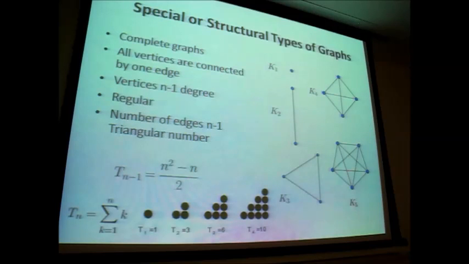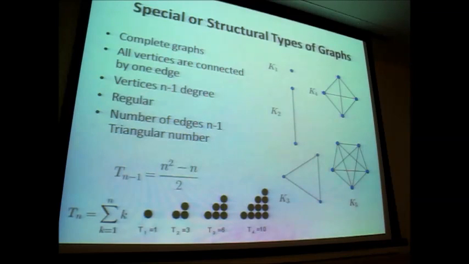Similarly, the number of edges follows this, which I guess is kind of number theory. It also comes up in combinatorics. What this is saying is I'm just adding up 1 through n. And what they do is they form this triangular structure, so that's why they're called the triangular numbers.